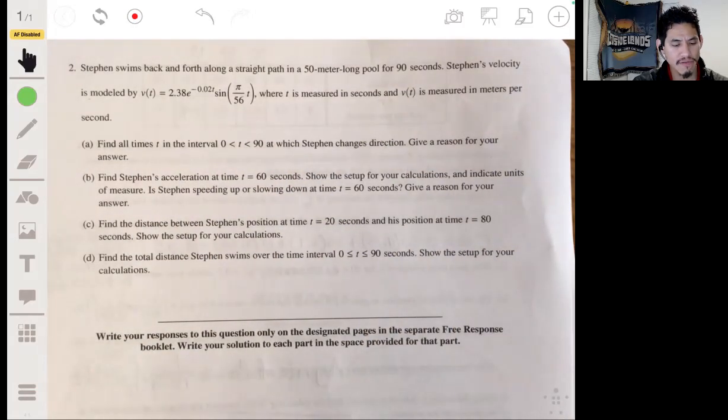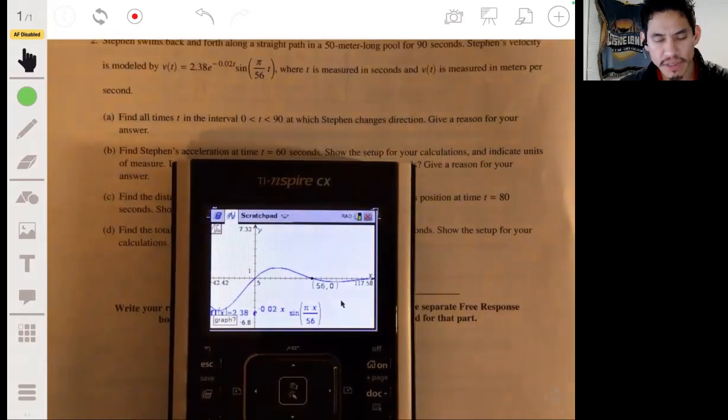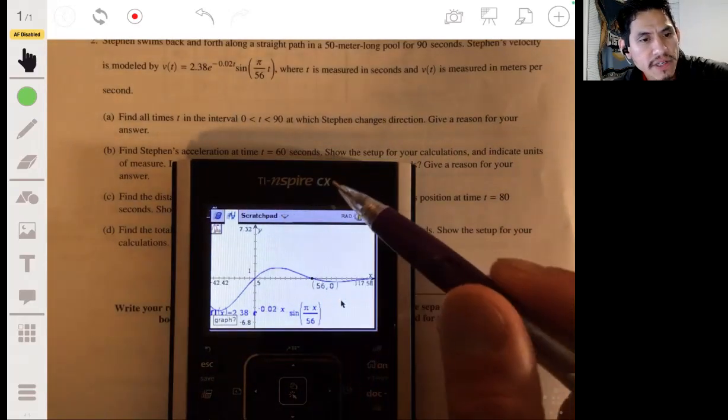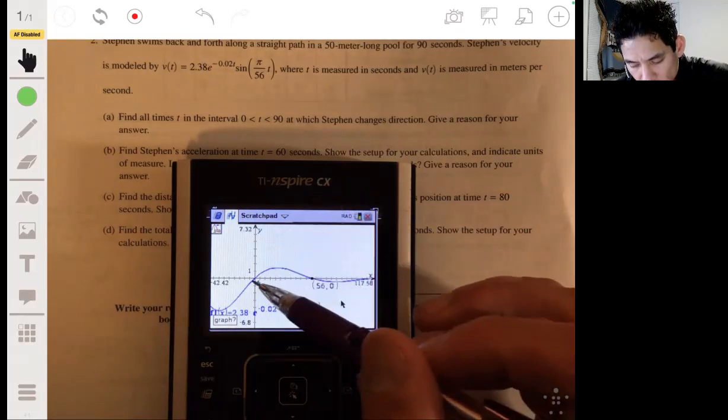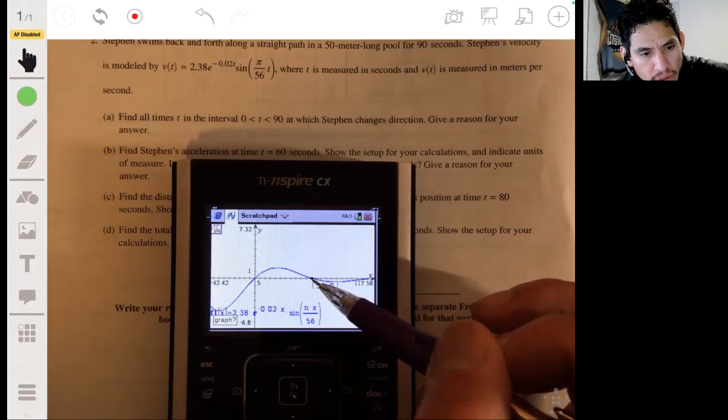So what we can do is graph this function, which I did on the calculator already, saving you some time. You look for the x-intercept, and here I highlighted it as 56 seconds.